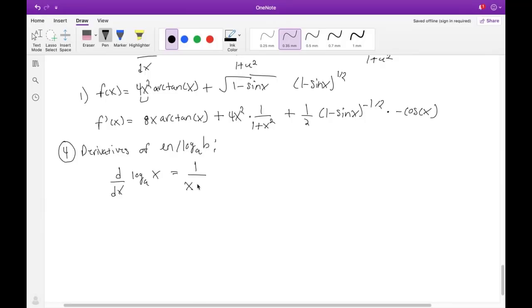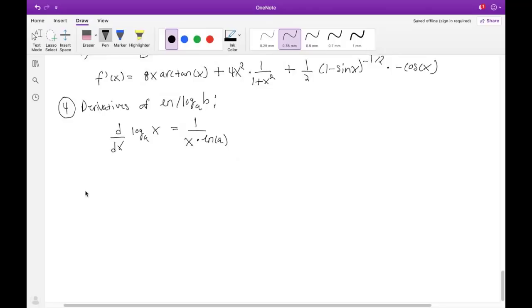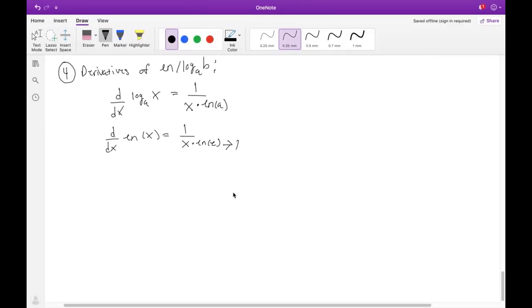So it's basically the same as ln, except now we have the ln of a. And the derivative of ln of x is 1 over x. And the reason it's just 1 over x is because ln of e is just equal to 1. Okay.